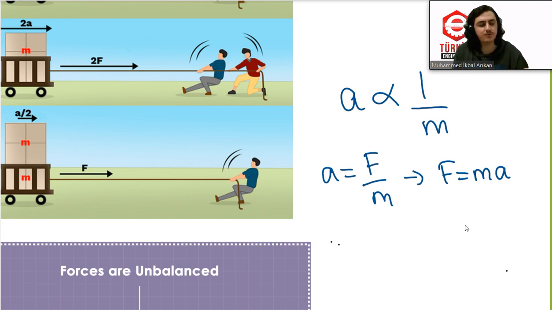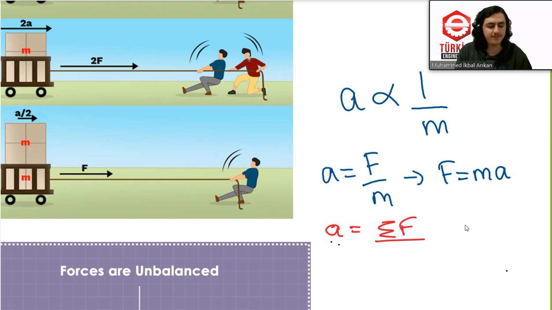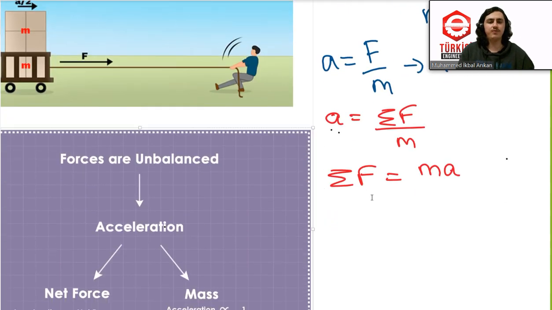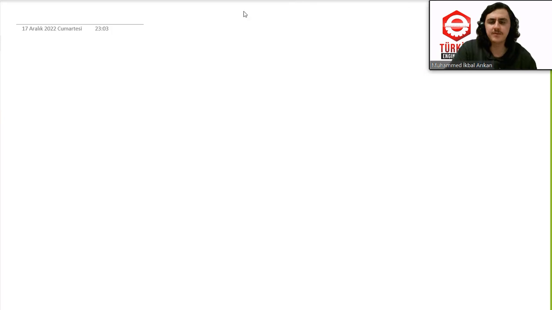If you have one force, you can say F. But if you have different forces acting on the body, you must put the summation of all forces, which is the net force, equal to m times a. So this is the second law.